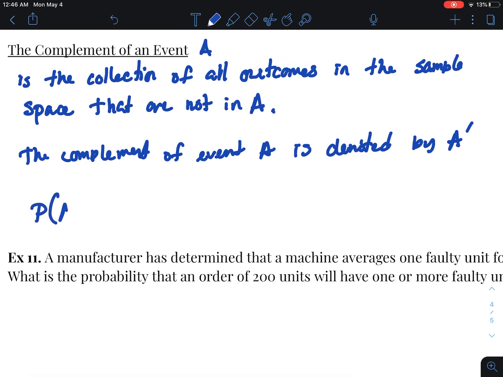Mathematically, it's going to equal 1 minus the probability of A.